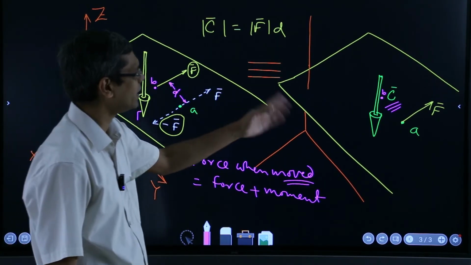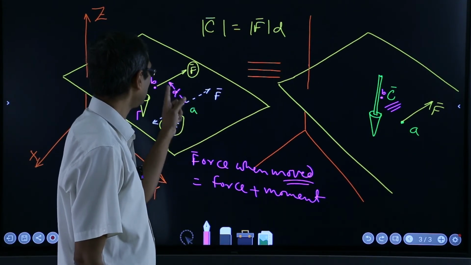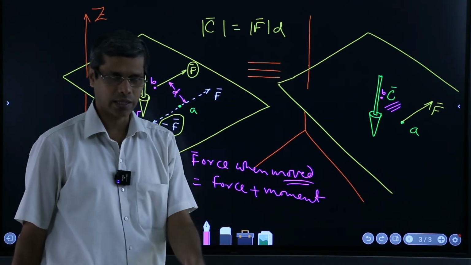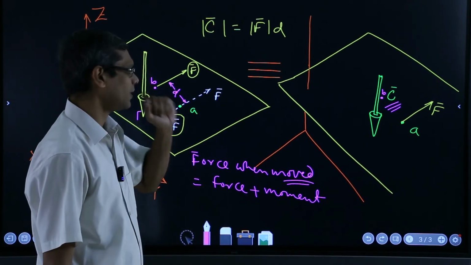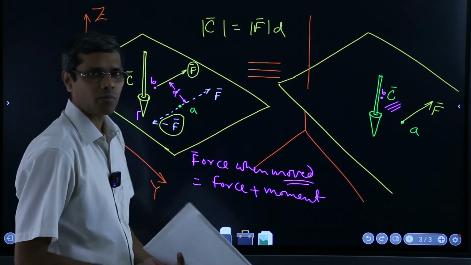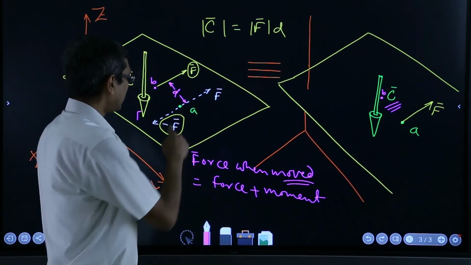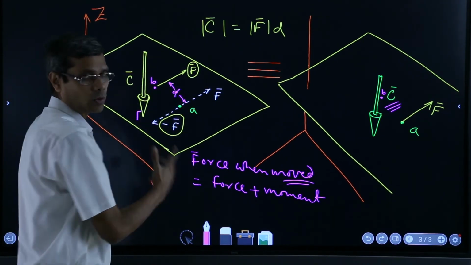You can move it anywhere. But if you think that you have replaced it with the moment of the force F about A, somehow they tend to feel that the moment is only about A and you can't move it, because the normal moment is not what you are getting here. You are getting a couple moment, right?